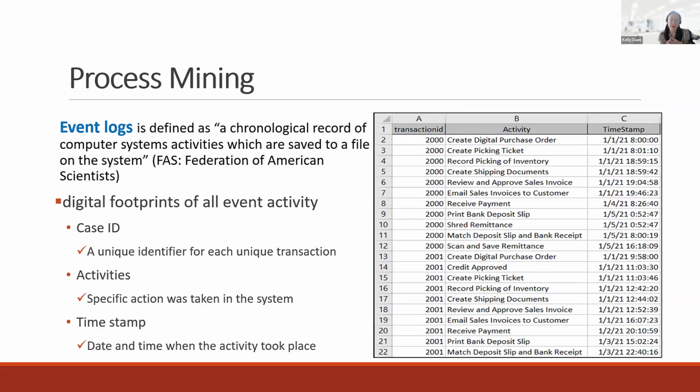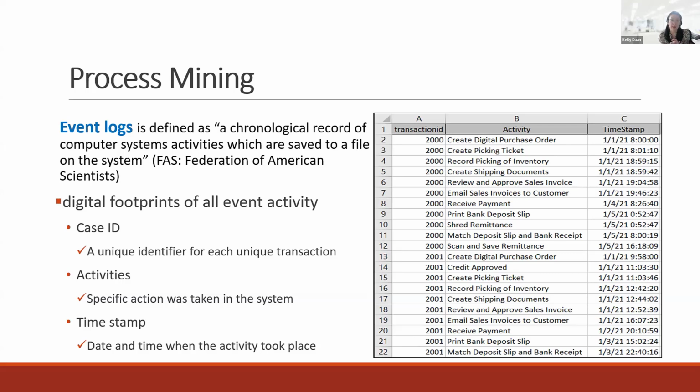The event log contains the digital footprints of all the sequenced steps carried out by people or the system during a process. In its most minimal form, an event log needs to contain the case ID, which is the unique identifier for each transaction.